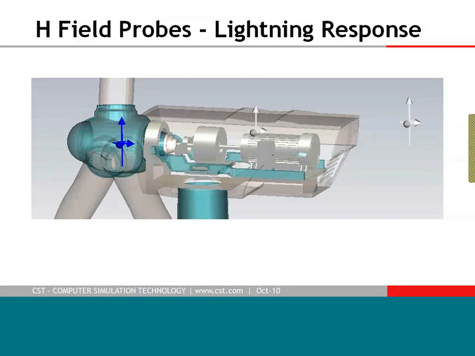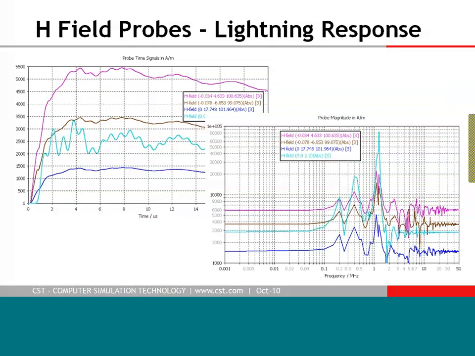Here we just plot H field probes. We can place probes in the air or in the dielectric and measure how big the H field or E field is at that point. This can be done both in time domain and frequency domain.